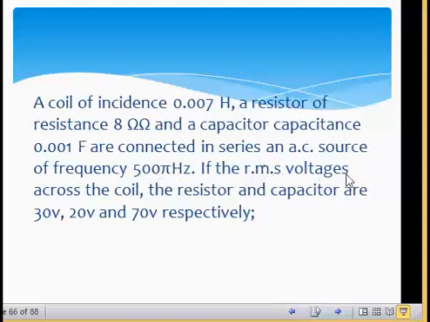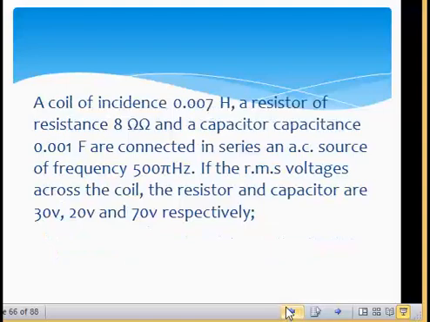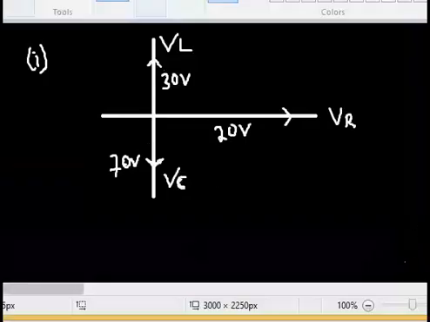The RMS voltage across the coil, the resistor and the capacitor has already been given to us. The question is to calculate the RMS voltage of the source. Very simple, we can get it from here.